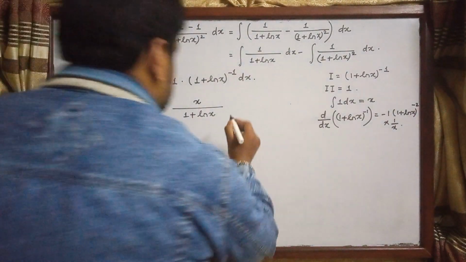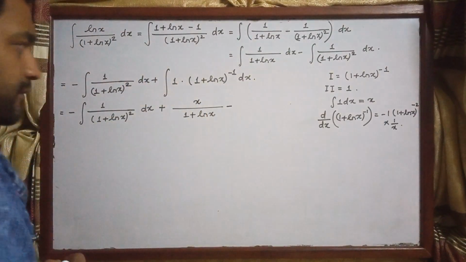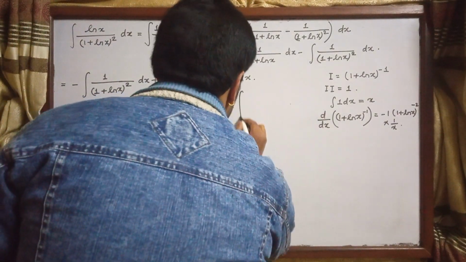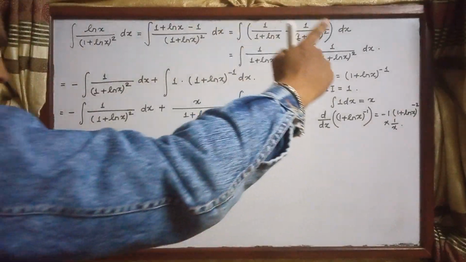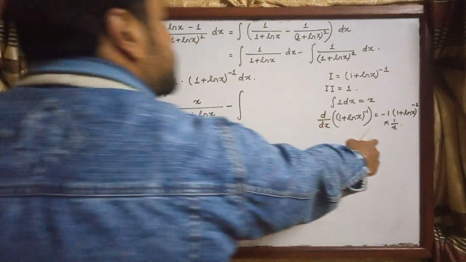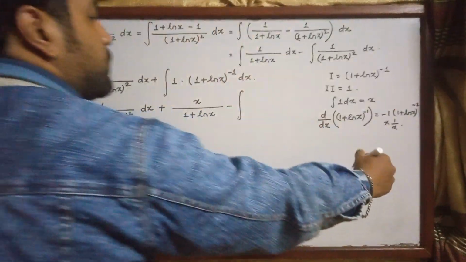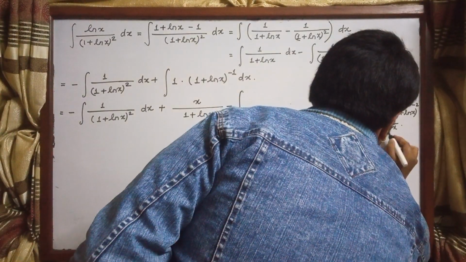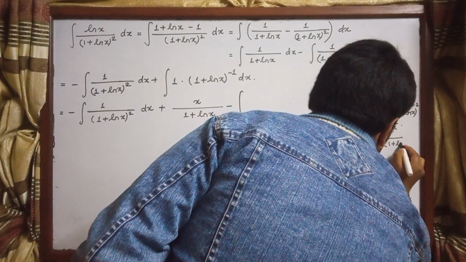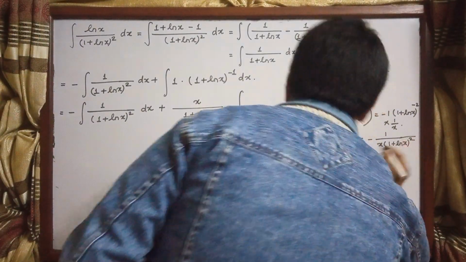Now, we have the negative of the formula for integration by parts, the integral of the derivative of the first function, which is this thing right here. We can write it as minus 1 by x times (1 plus log x) squared. All right.